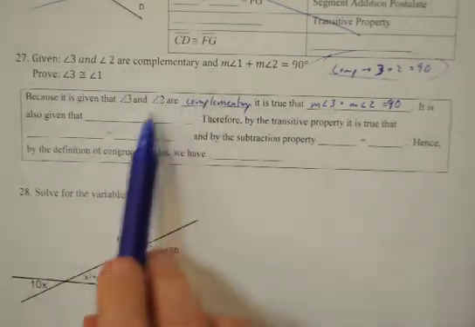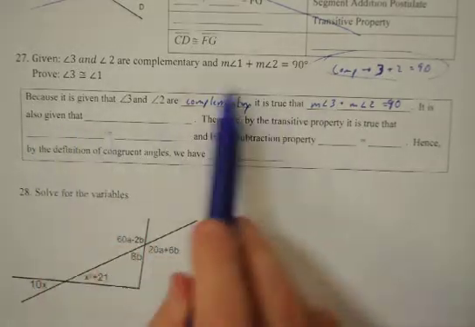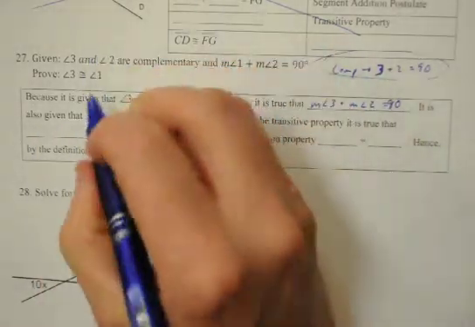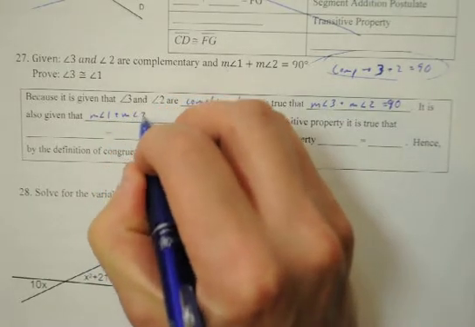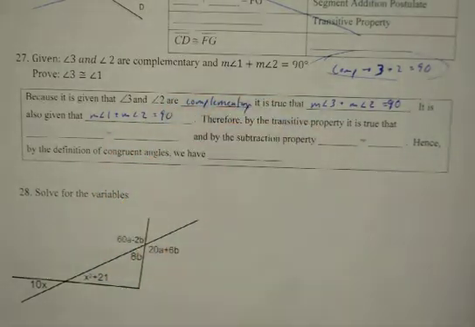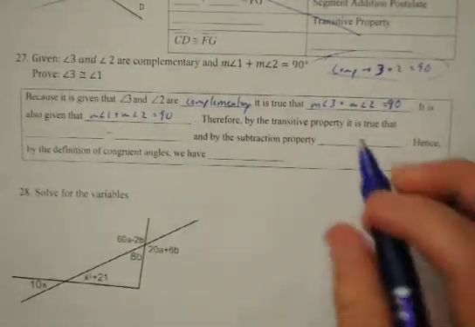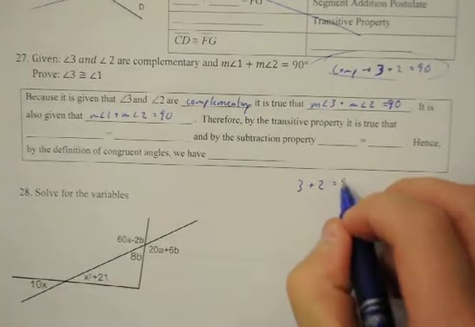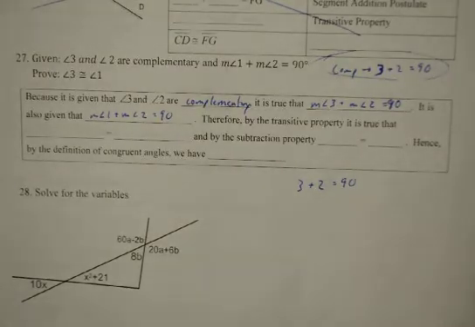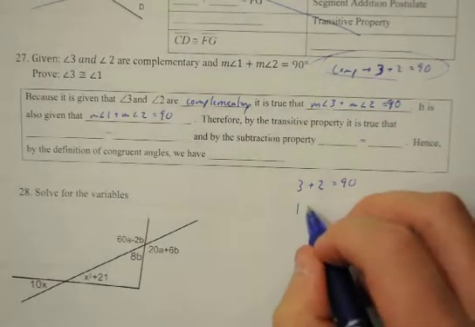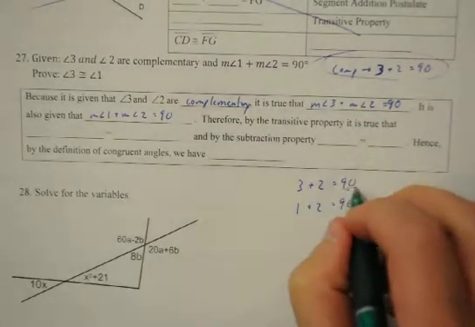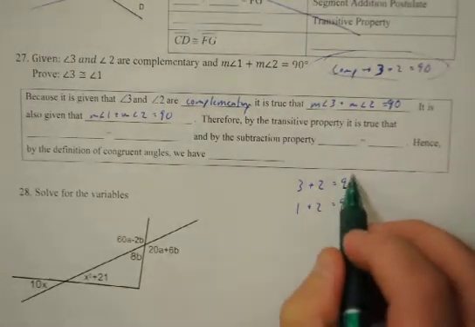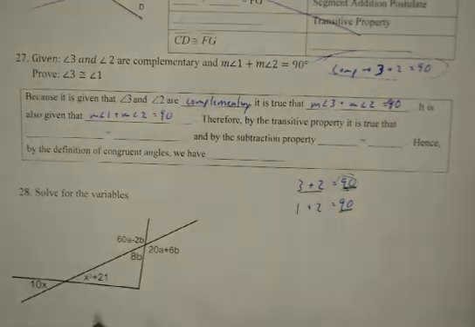It is also given that the measure of angle 1 plus the measure of angle 2 is equal to 90. So here's what we got. This is informal. We've got 3 and 2 make 90. We've got 1 and 2 make 90. 90 is showing up twice.